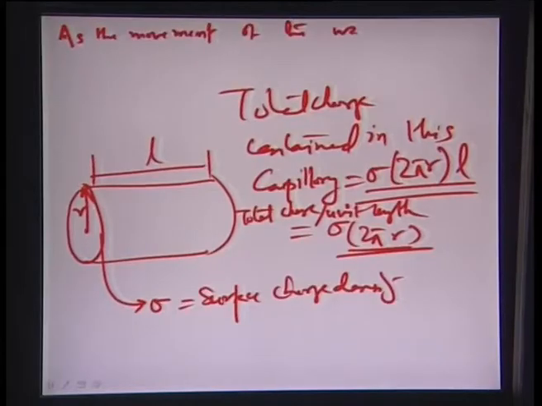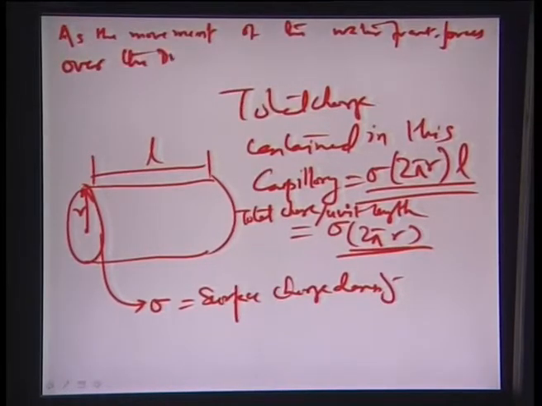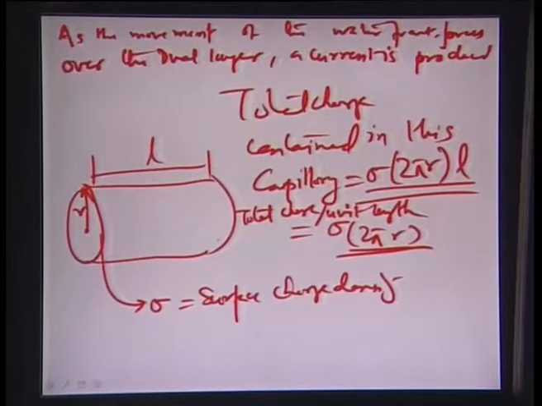So, let me write this down in totality: as the movement of the water front forces over the double layer, a current is produced, and this is also given by the product of the total charge around a unit length of the tube and the velocity of the moving part of the layer.